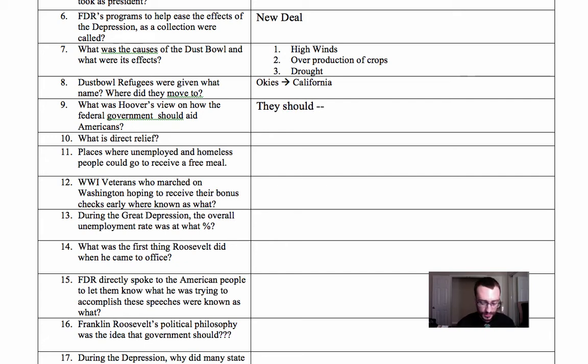Remember, he believed in rugged individualism, meaning that people should pull themselves up by their own bootstraps rather than having the government help them. What is direct relief? When the government helps people.